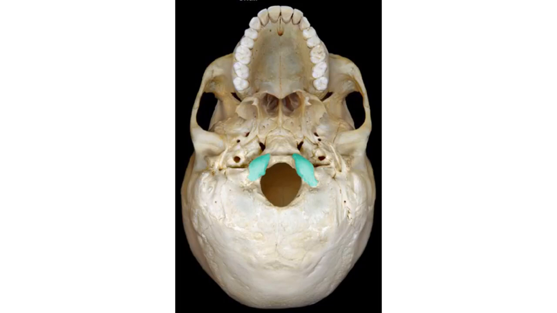This is the basal view of the skull. The basal view of the skull has many structures, many foramina, and in this course we are not going to address the features of the base of the skull, except these two egg-shaped structures called occipital condyles.